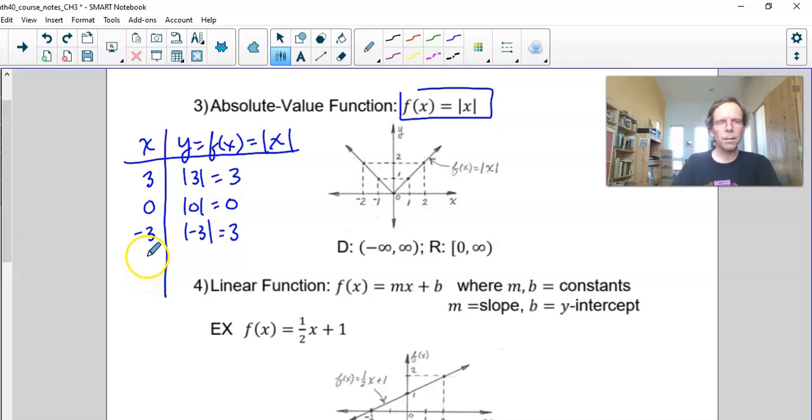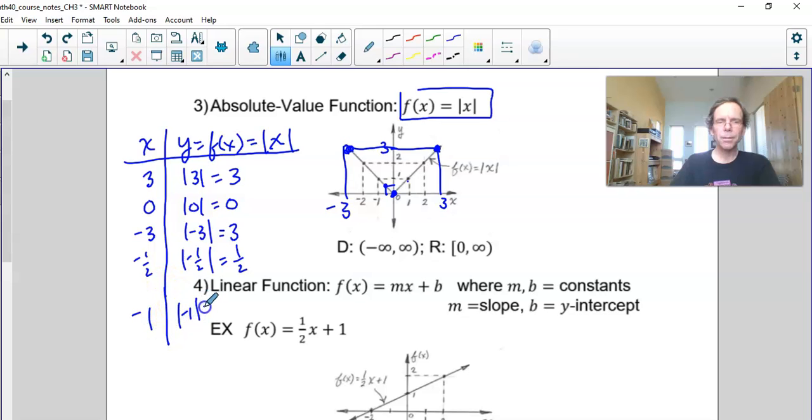We could put in fractions and irrational numbers too. How about -1/2? If you put in -1/2, you get +1/2. Let's see if we can find these points here. 3, 3 would be maybe here. 0, 0 is here. -3, 3 would be up here. -1/2, 1/2, that's here. 1, 1, -1, 1.